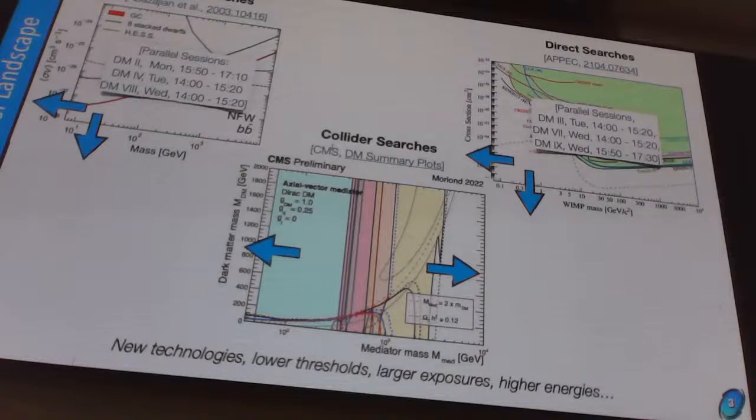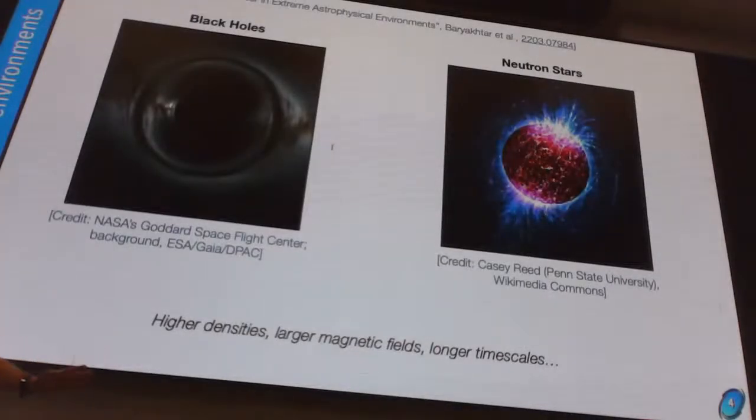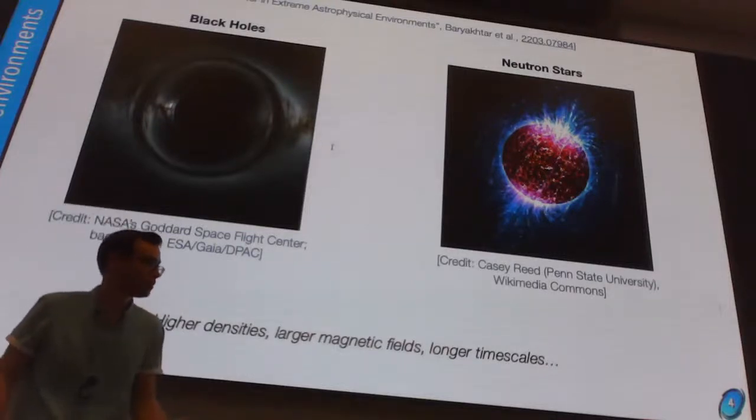But I'm going to talk today about a completely orthogonal direction, where the goal is perhaps not to build a better detector or explore the parameter space in that way, but instead to look at dark matter in very different environments to the ones that we're used to. That's why the talk is called Dark Matter in Extreme Environments, because I'm going to talk about dark matter around black holes and also dark matter around neutron stars.